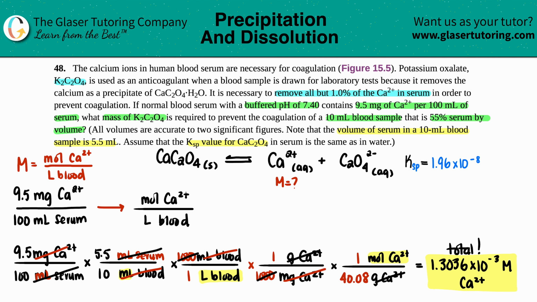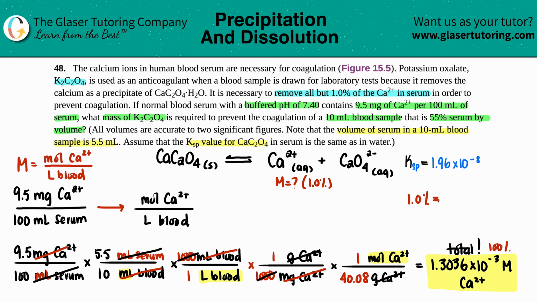When we remove the 1%, that means that 99% of this is going into a precipitate, or a solid. So we want to find out of 100%, what is only 1% left? That's the molarity that we want. We need to remove all but 1%, so 1% of the Ca2+ is remaining.